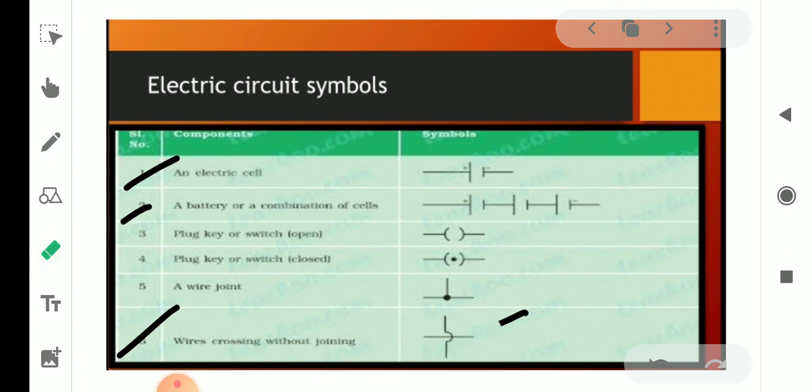That means the current flowing in this direction and the current moving in this direction pass without any joining of the electric current here. The current moves as it is, without joining. So this is the connection symbol which shows wire crossing without joining.